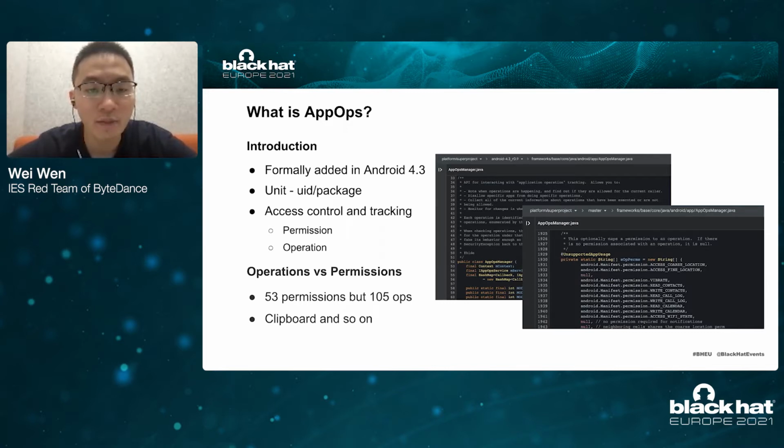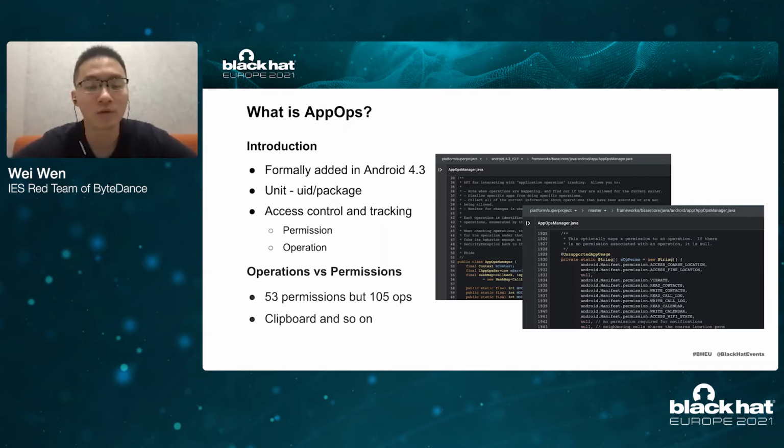As you can see in the image on your left, AppOps was added in Android 4.3, API level 18, which is designed for access control and tracking. It identifies an app by UID and package name, then tracks and records the app's operations.